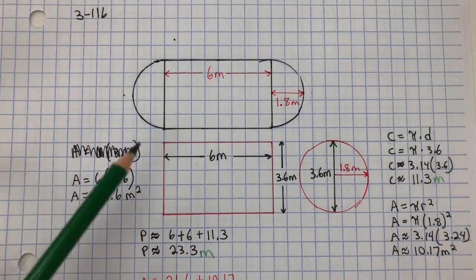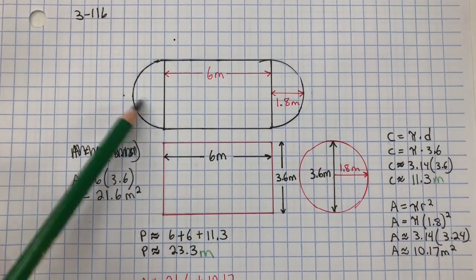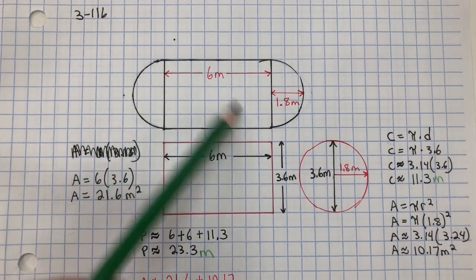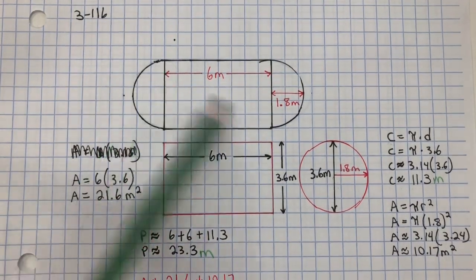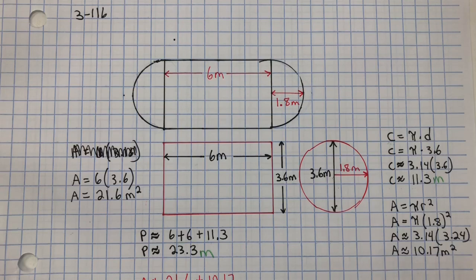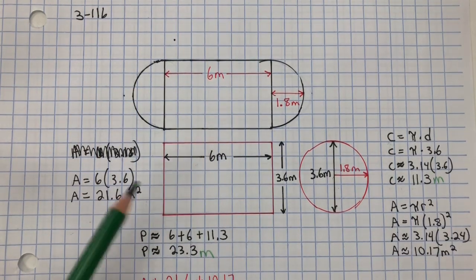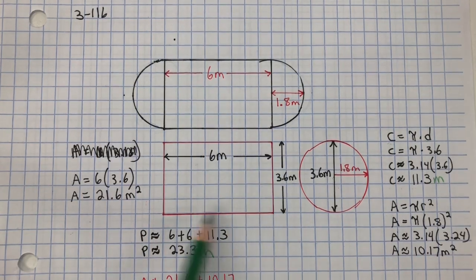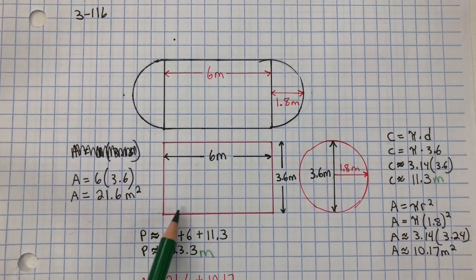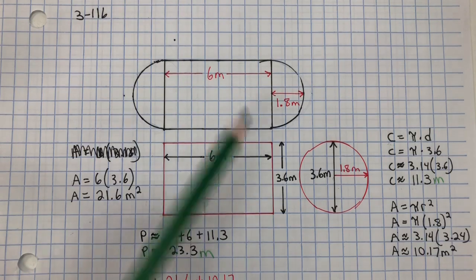To find the area is how many square meters is this area here. If we were to color it all in, how many square meters would there be? Well, the area for the rectangle is length multiplied by width.